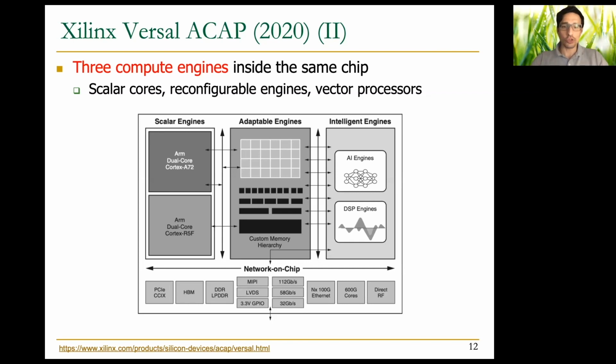Why is that? Because you as a programmer know your workload, you know your program, and you know when you have more regular parallelism or more irregular parallelism, and based on that you will decide whether the CPU, the FPGA or the GPU is the right place.